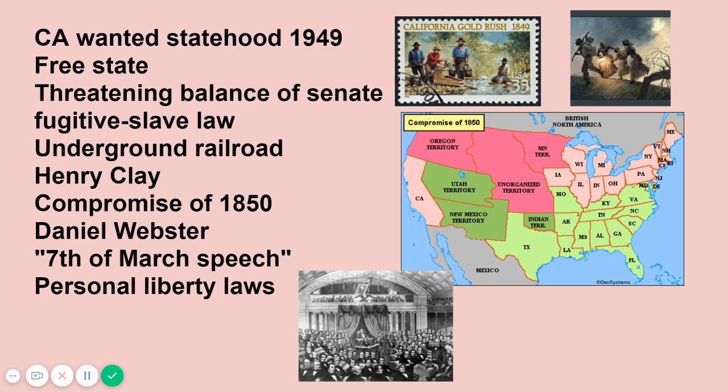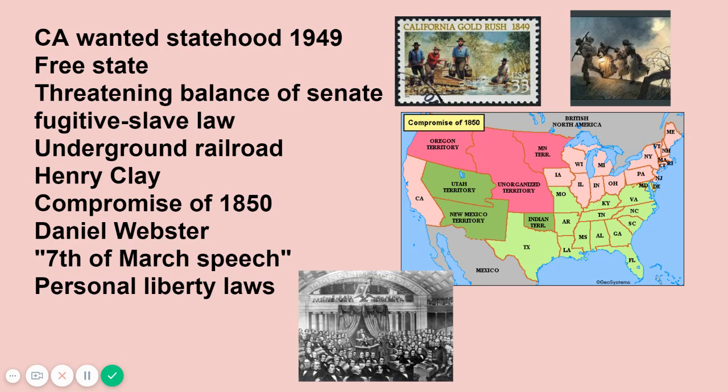This was a dilemma because with California entering as a free state, it threatened the balance of the Senate. It would mean that free states would have more members in the Senate, as you can see over here in the pink. So this would not be something that the South would easily be convinced to support.